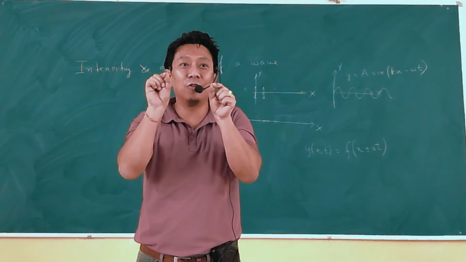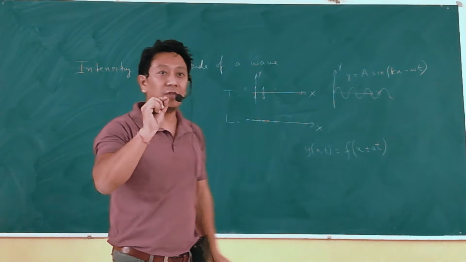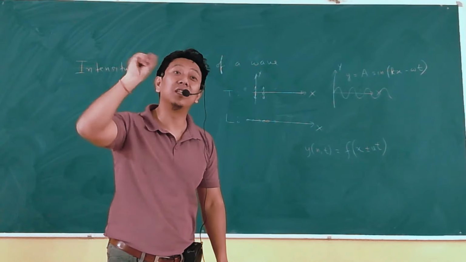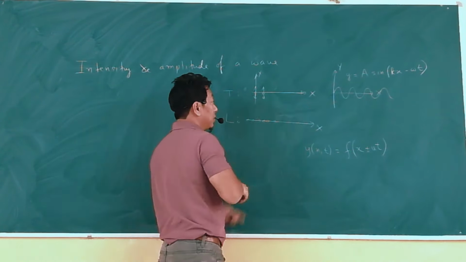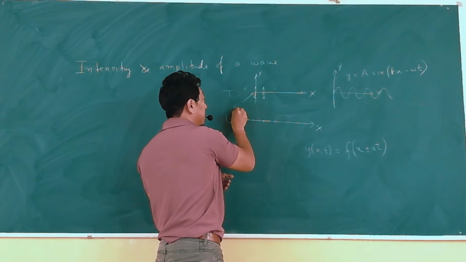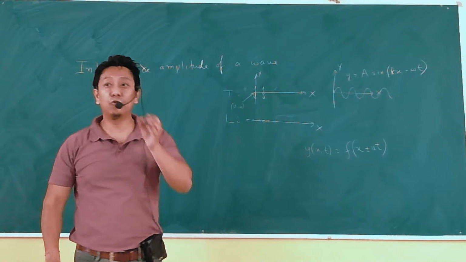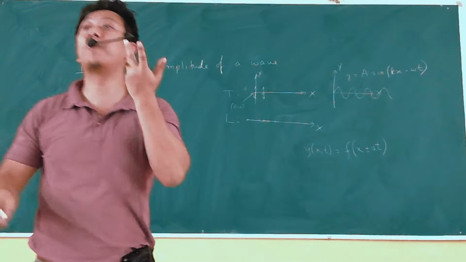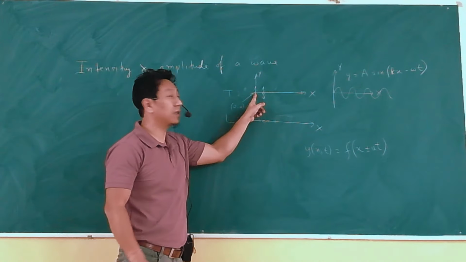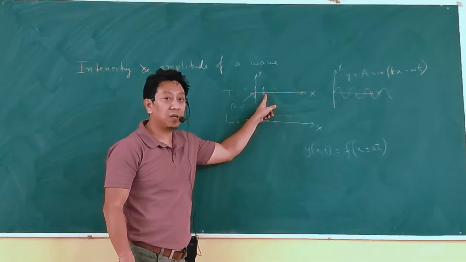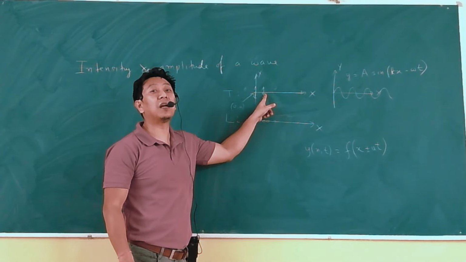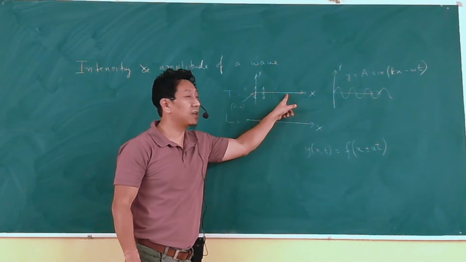Which particle are you talking about? If you say the particle at x equal to 0, it means this particle, if I choose the origin here. x equals 1 centimeter, from here go 1 centimeter. x equal to 10 centimeter, from here go 10 centimeter.